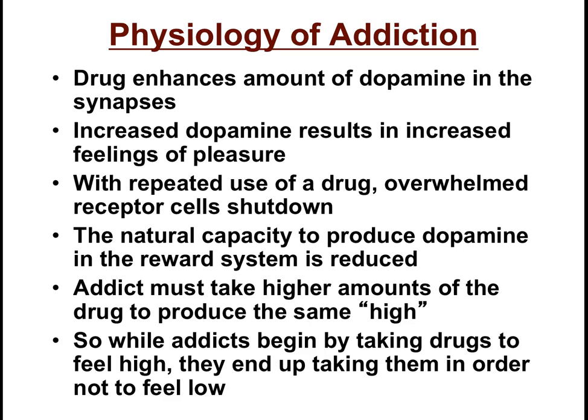But what can happen eventually is that as you do this over and over again, the corresponding rebound after the dopamine is removed and does go away from these receptor sites becomes progressively worse, and it takes more of the drug to get more of the dopamine in there to feel good again.